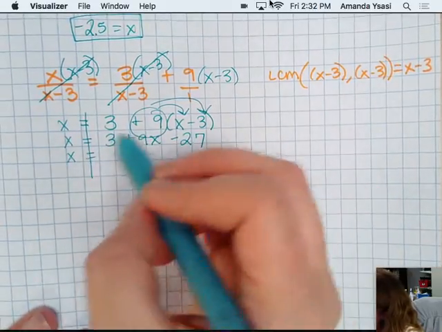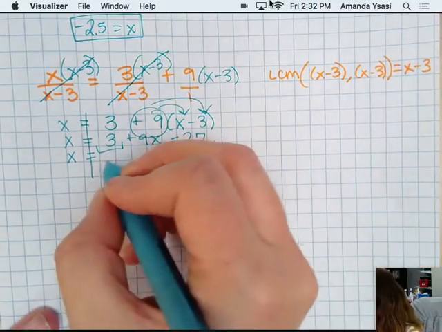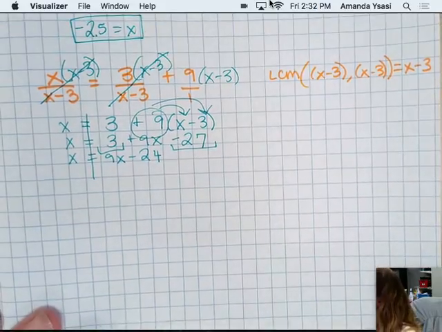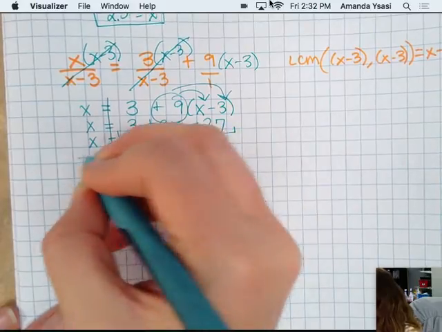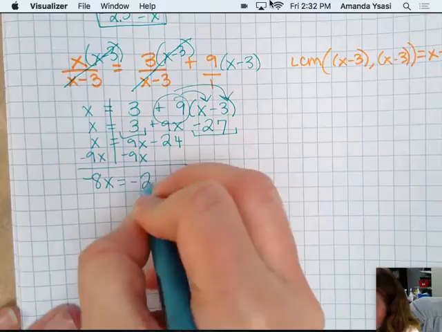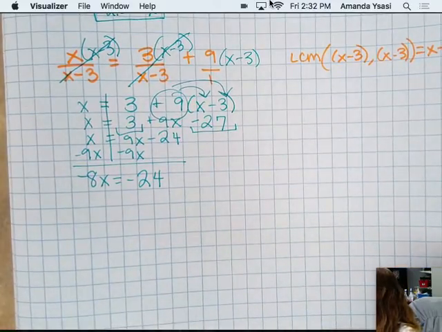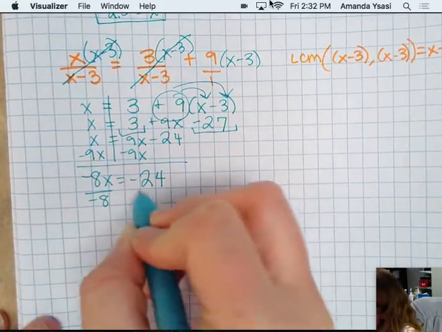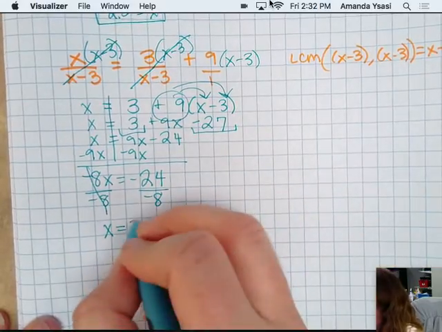X equals, we can combine the 3 and the negative 27 together. 9x minus 24. Minus 9x, minus 9x. So negative 8x equals negative 24. And divide by negative 8 all the way through. So x equals positive 3.